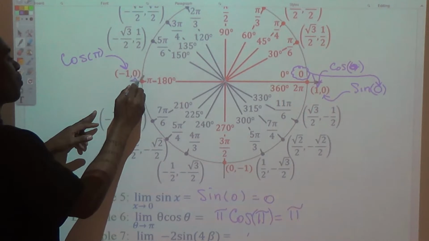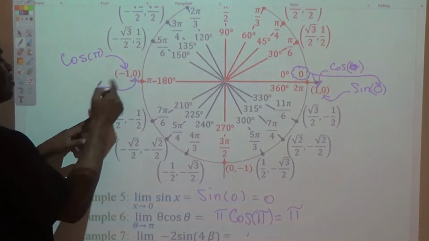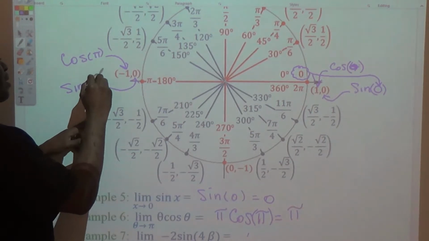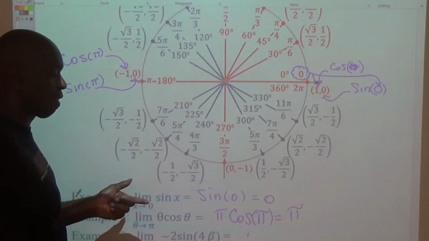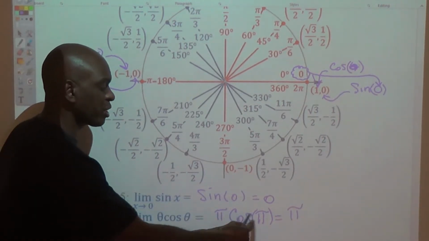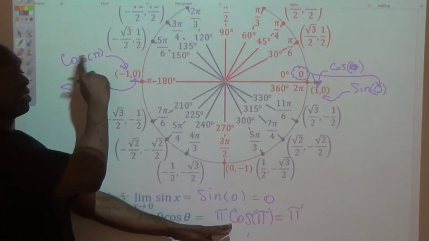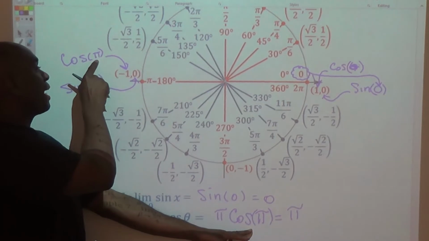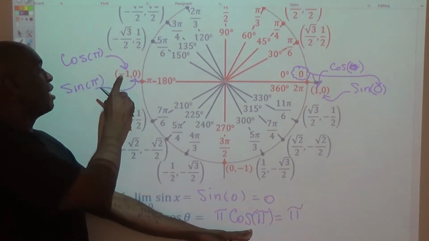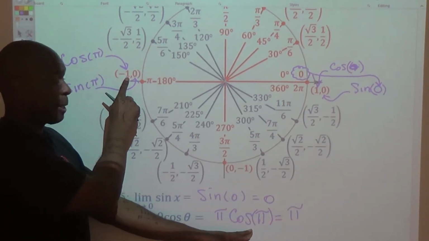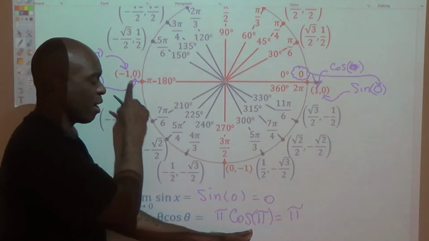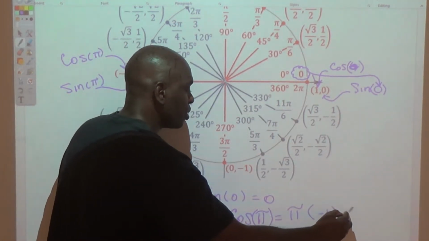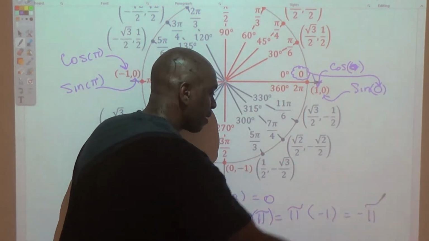And this value right here, 0, is the sine of pi. And so the cosine of pi, see look, cosine pi happens to be -1. So now it's going to be pi times -1, which equals negative pi.